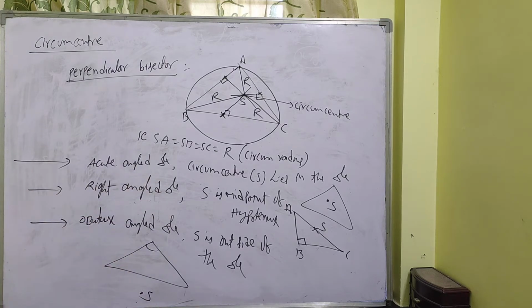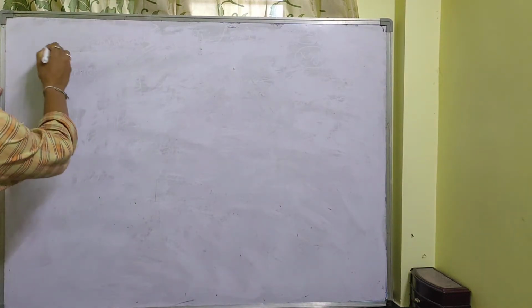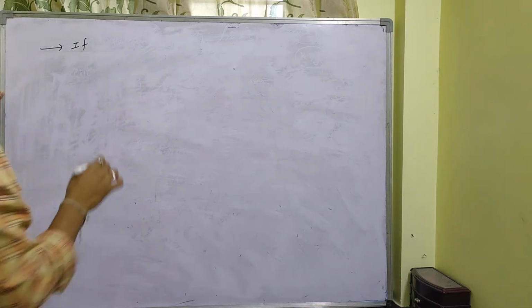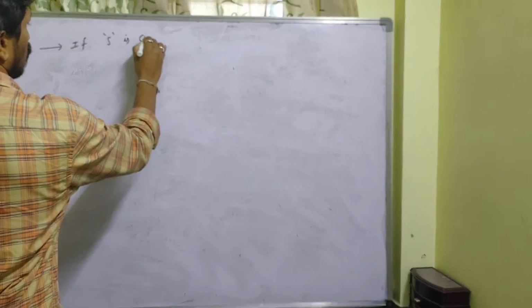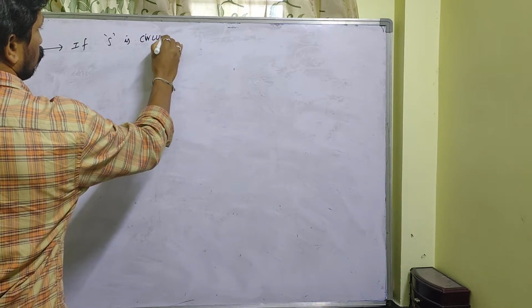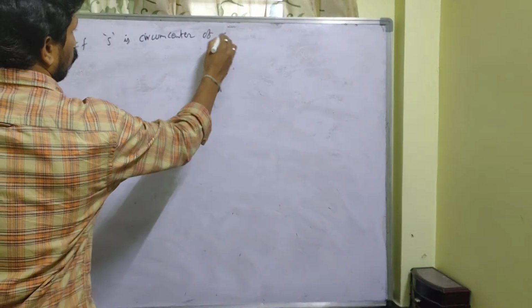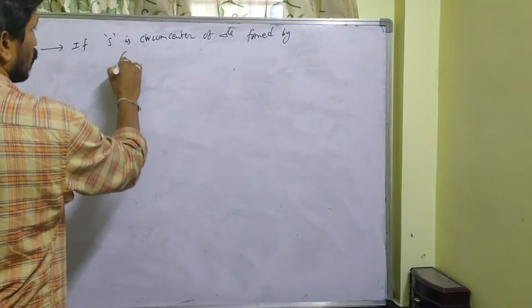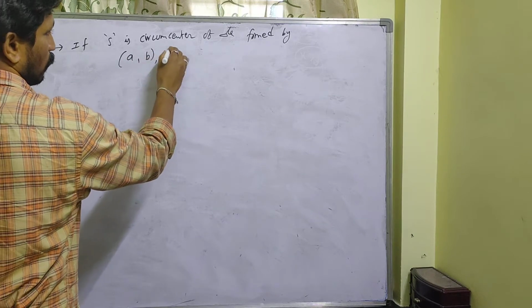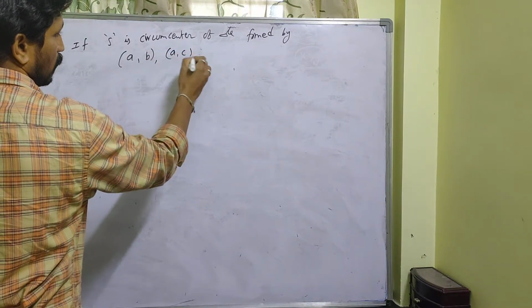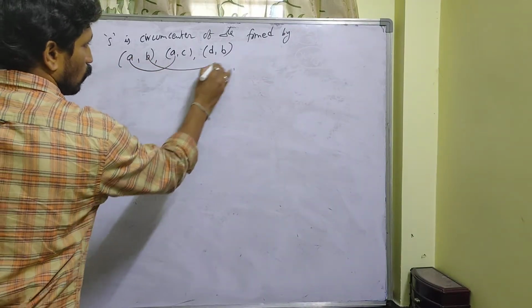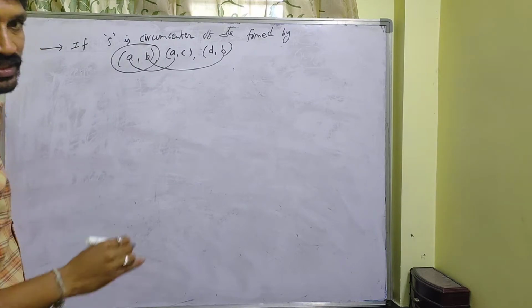Just remember, if S is the circumcenter of the triangle formed by vertices (a, b), (a, c), (d, b), then these two are equal, so it is the right angled vertex.